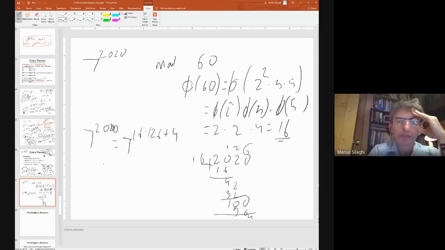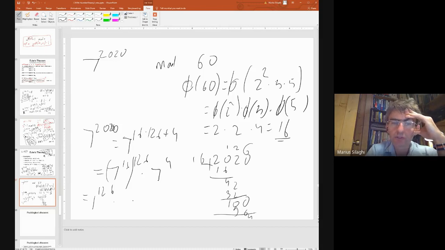Okay, so it means she got it right. It's going to be 7 at power 16 at power 126 times 7 at power 4, which is going to be 1 at power 126. Now 7 at power 4, we are going to compute it with fast exponentiation because it's mod 60.